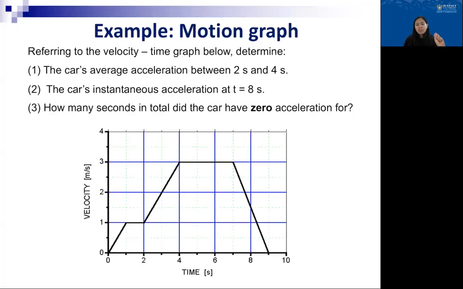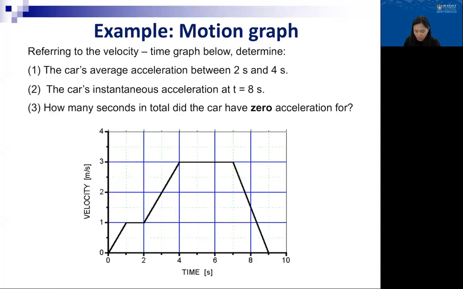And if you have a velocity versus time graph, the slope of that graph will give you the acceleration. So this is now just an example, which can also be sort of an exercise that's similar to the workshop. So we can just look at this before going through the workshop to sort of cement the ideas that we've just learned.